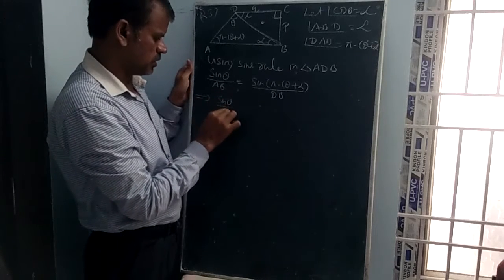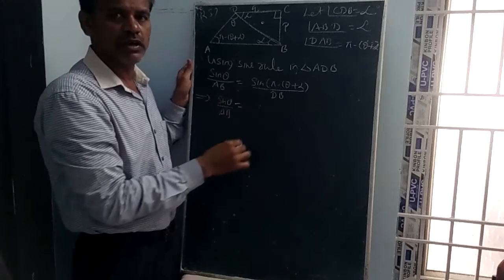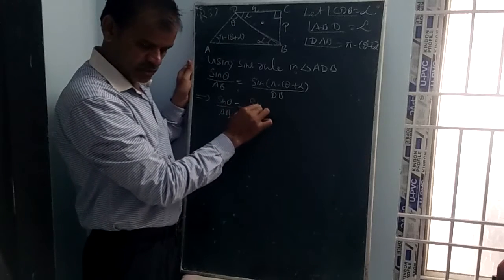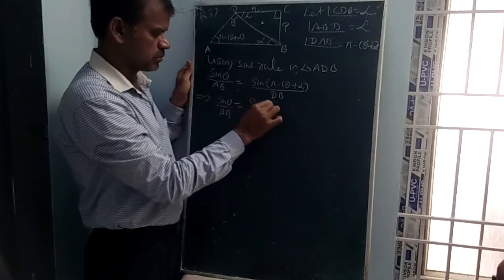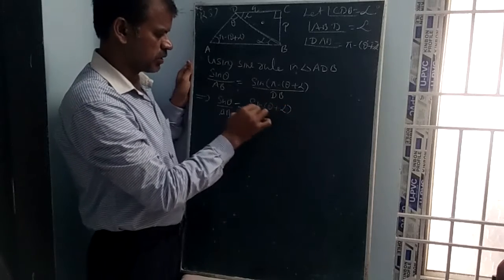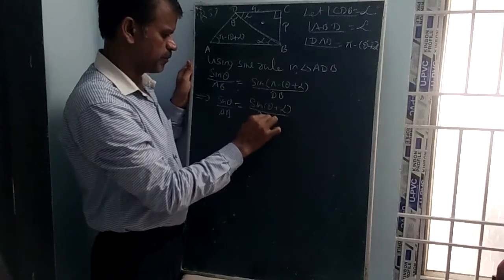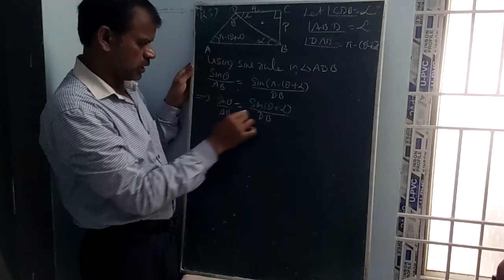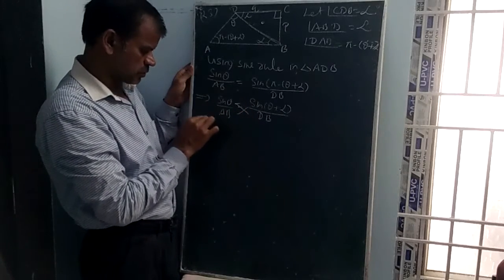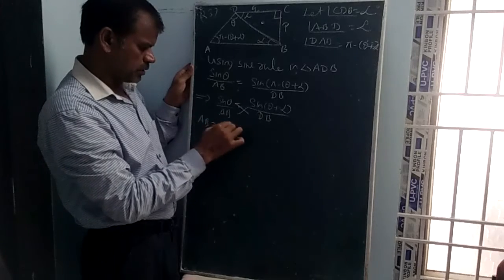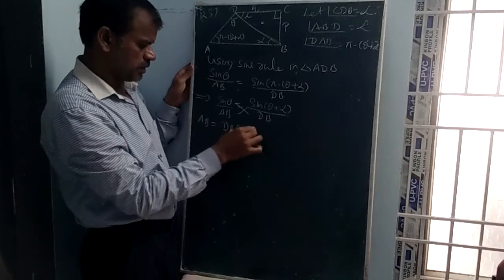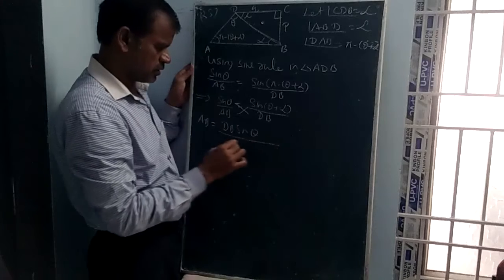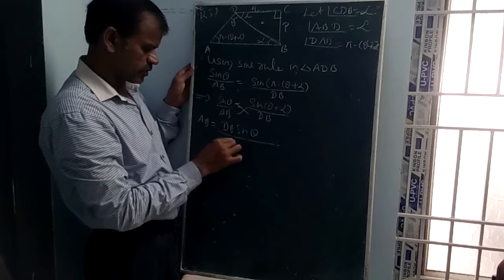Sine theta by AB is equal to sine 180 minus (theta plus alpha), which gives sine (theta plus alpha) by DB. Now multiply with DB: AB is equal to DB sine theta whole by sine (theta plus alpha).